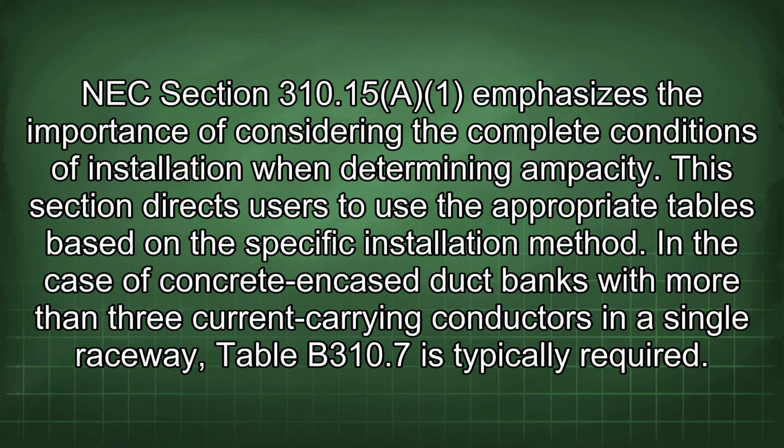NEC Section 310.15(A) emphasizes the importance of considering the complete conditions of installation when determining ampacity. This section directs users to use the appropriate tables based on the specific installation method. In the case of concrete-encased duct banks with more than 3 current carrying conductors in a single raceway, Table B310.7 is typically required.